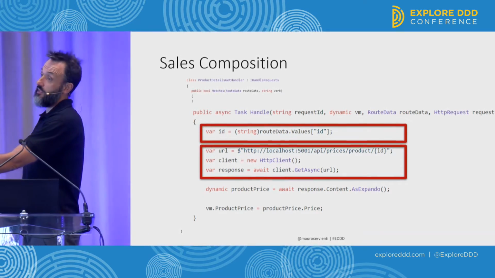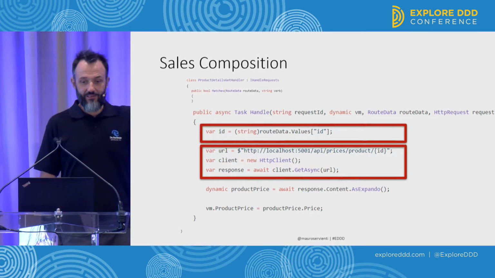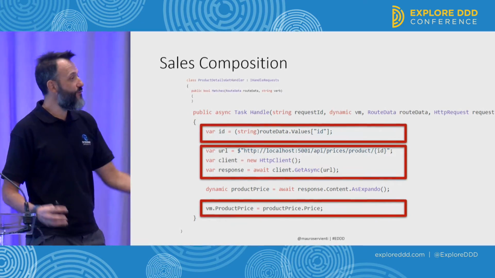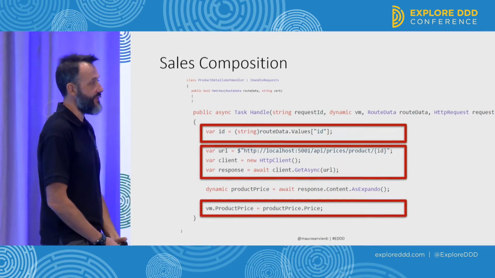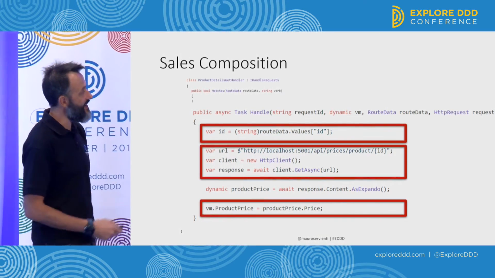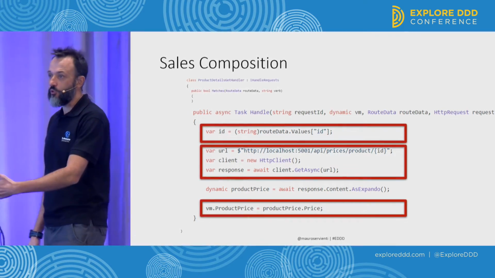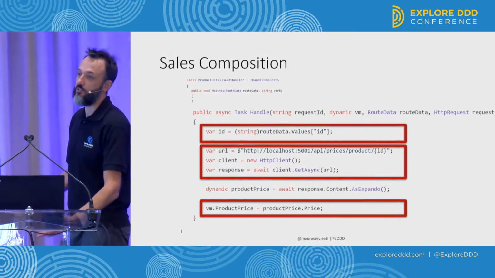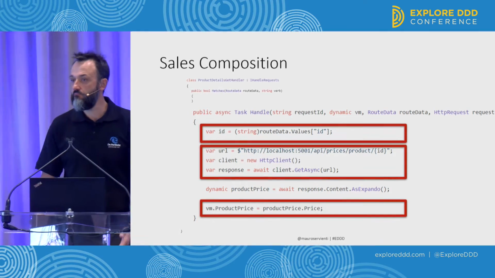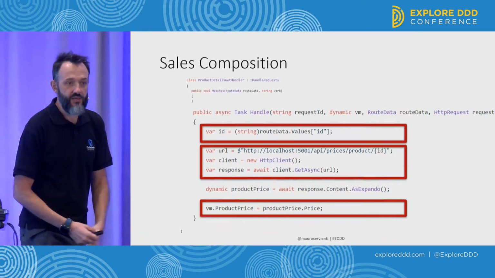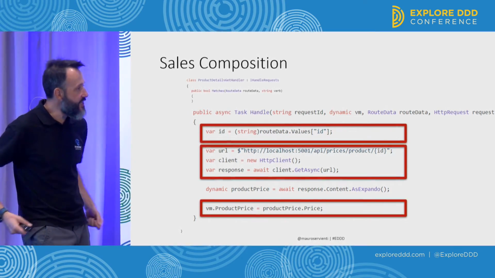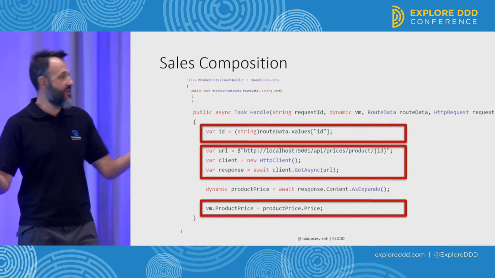We're issuing this request to our own backend, the sales one, and then we're finally composing the response into that dynamic view model. A dynamic thing, for non-.NET people, is basically a JSON object, a dictionary, a hash set, something where we can inject things that are identified by a key.